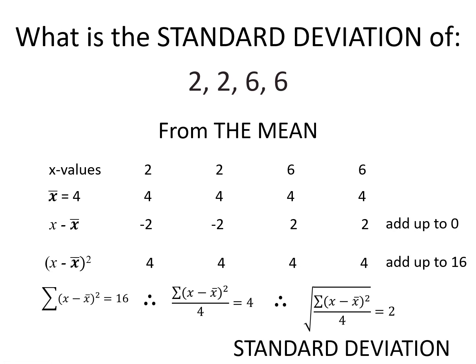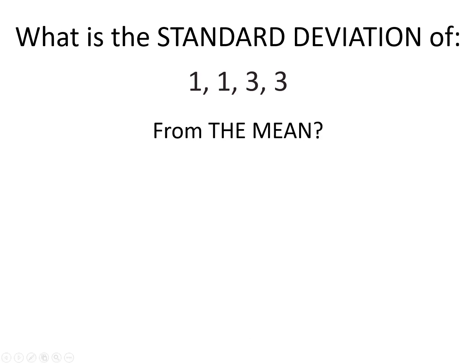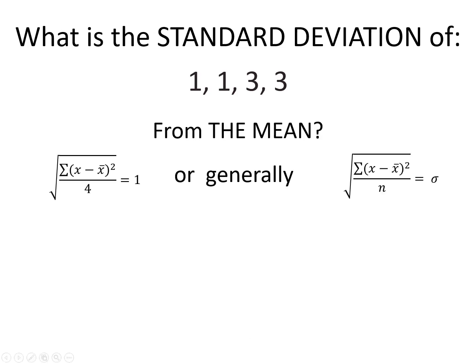In fact, we've been working out standard deviation all along. But using our previous method of just looking at the numbers and saying, well, it's obvious, was only really doable when the numbers were incredibly easy. This formula works all the time. So to work out the standard deviation of this set of data, that is the formula. So there's our standard deviation, denoted by the Greek letter sigma.